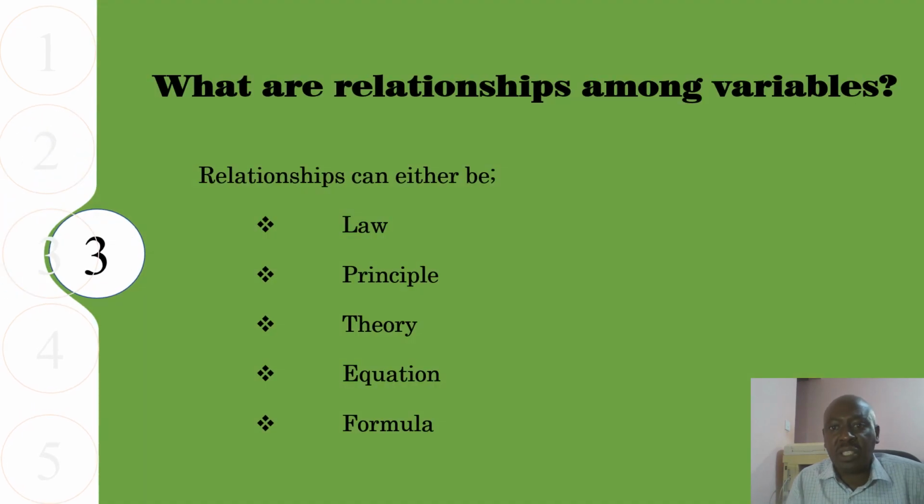What are the relationships among the variables? Actually, a good definition of physics is the relationship among the variables, which can either be a law, a principle, a theory, an equation, or a formula.